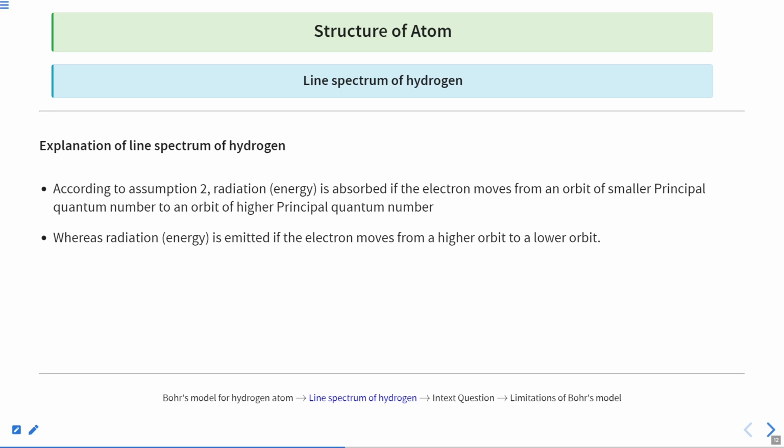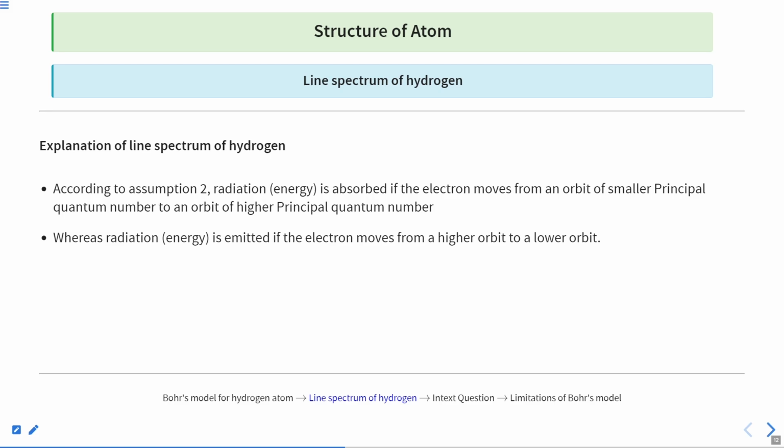If you want to calculate the energy, you will simply calculate the energy of the initial state with the help of the formula we have and the energy of the final state, and you will simply subtract that and you will get your transition energy. Clear?